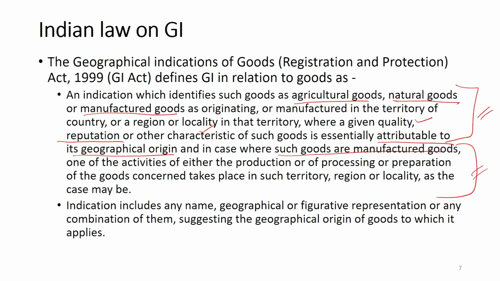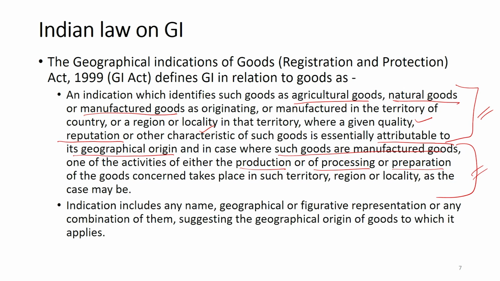In case of manufactured goods, either the production of those goods or processing of those goods or preparation of those goods take place in that territory, that place, that locality, that region. This is the definition of geographical indication in your act.